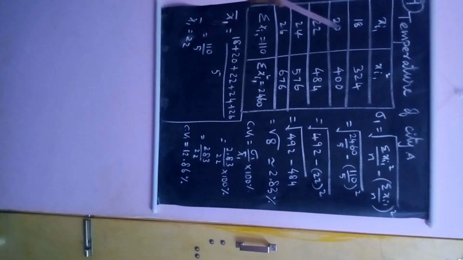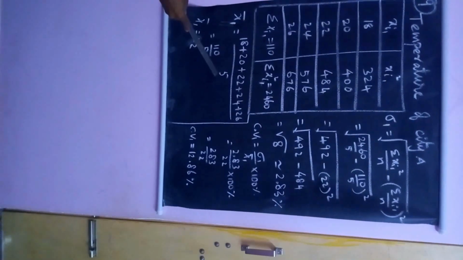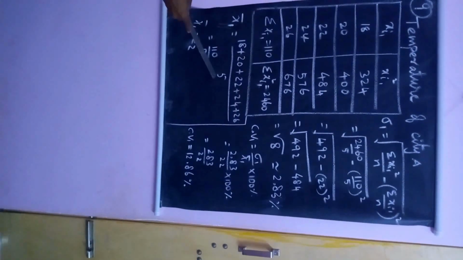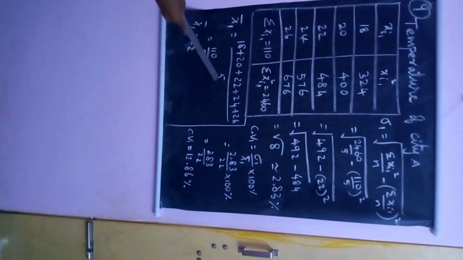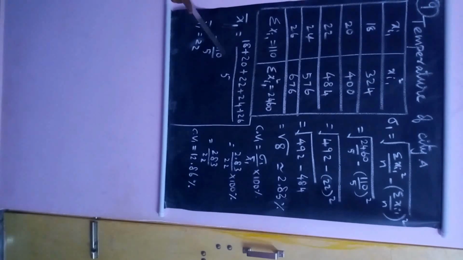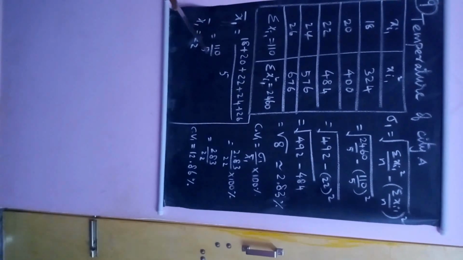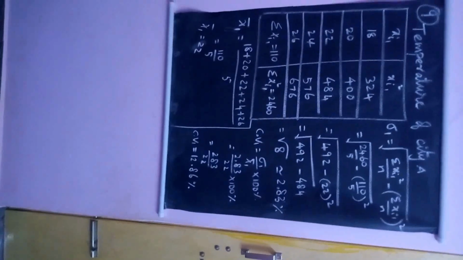There are 5 values, so 110 divided by 5, we get 22. So x1 bar equals 22.